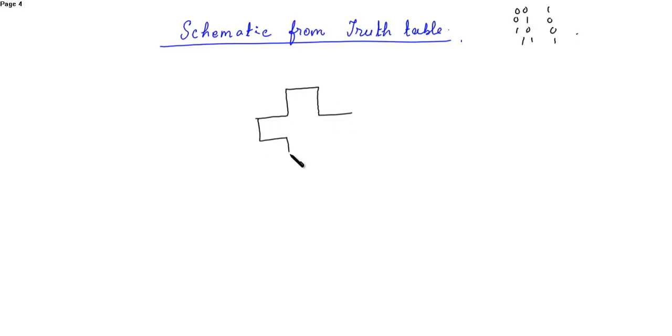This is transmission gate 1 and then we have another transmission gate. This is transmission gate 2.